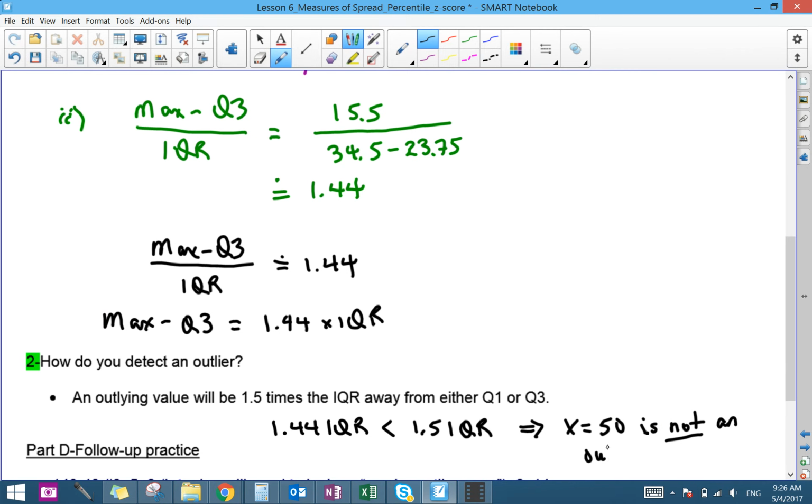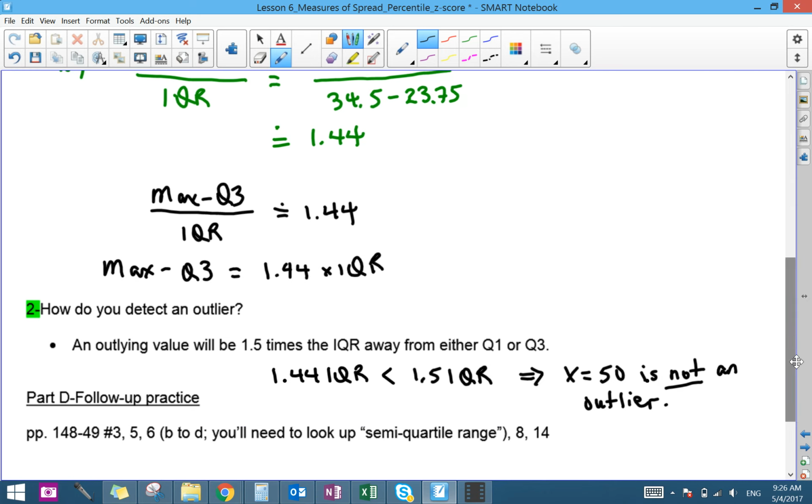What I had believed to begin with as being an outlying value, because of the changes in the standard deviation and its mean, as well as intuitively just looking at a value of 50 and it being more than what we have already, one would think that it is an outlying value.